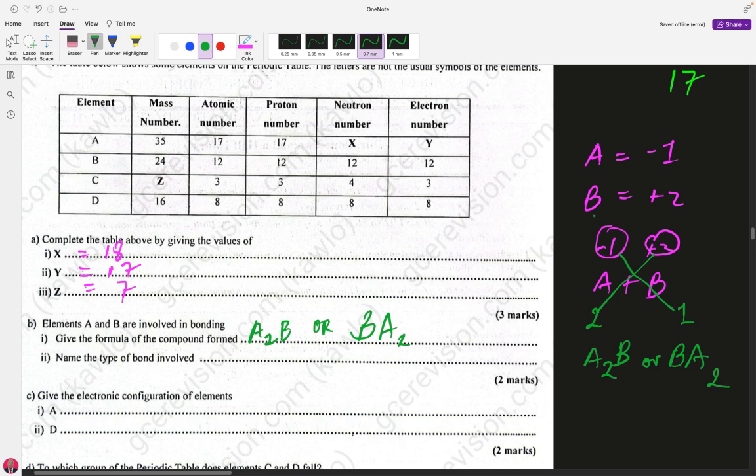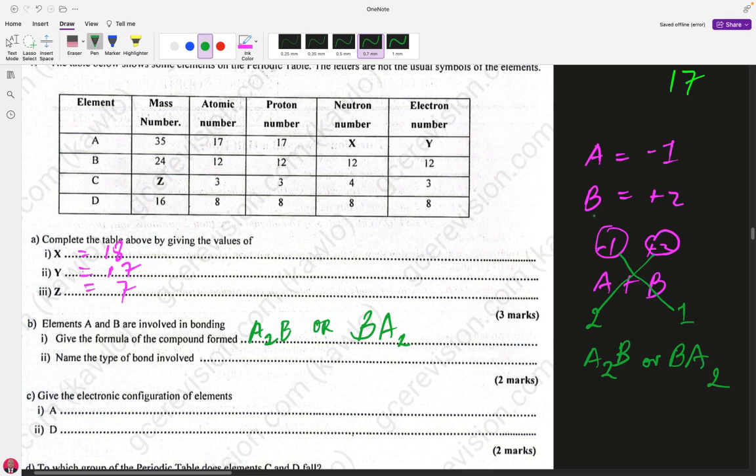Because of the difference in electronegativity, chlorine is highly electronegative, more than magnesium. It tends to draw electrons towards itself. For that purpose, magnesium will donate all the 2 valence electrons, all the 2 outermost electrons, to chlorine, and an electrovalent bond is formed, or an ionic bond is formed.